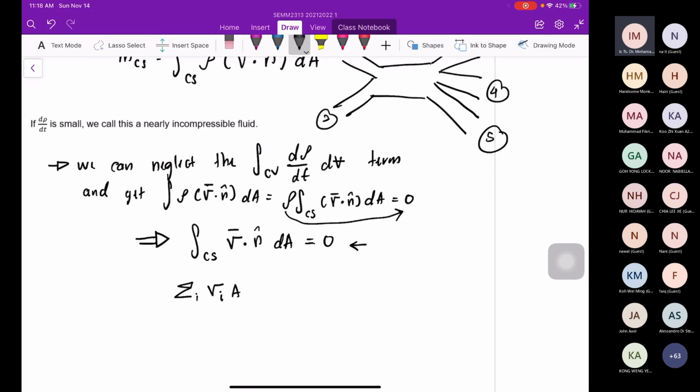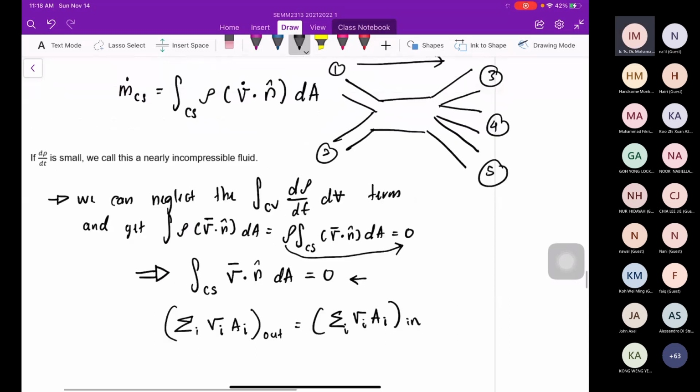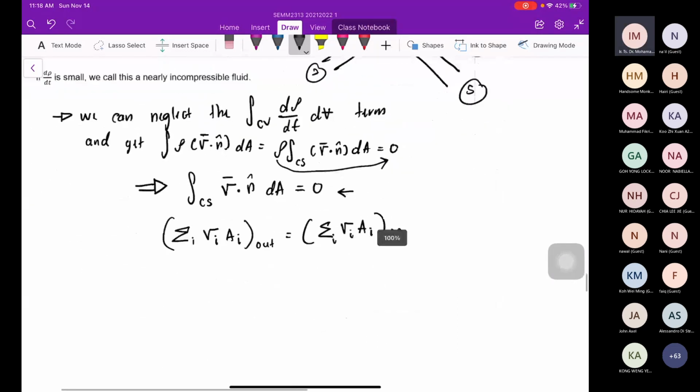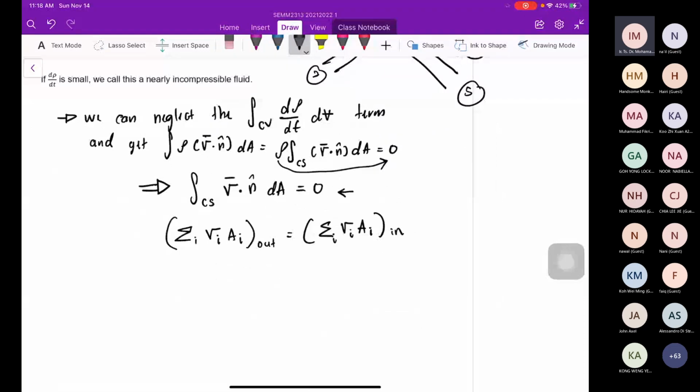This is out, equal to this, which is in. So V multiplied with A.